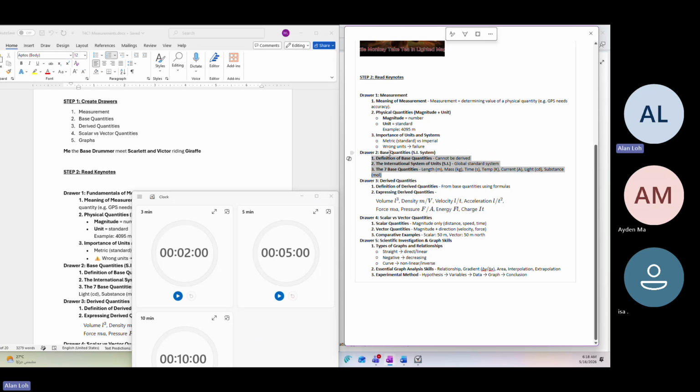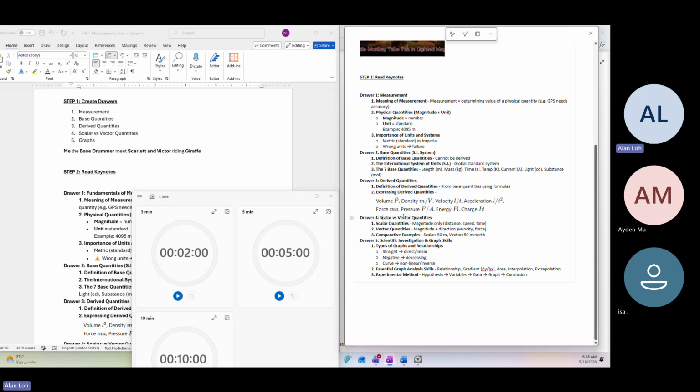And then they have different types of quantities: base quantity and derived quantity. The name itself tells you this is the first level, the base, the foundation. Then they build, like a building block, the derived quantity from the base. Then this is how you use the quantity.